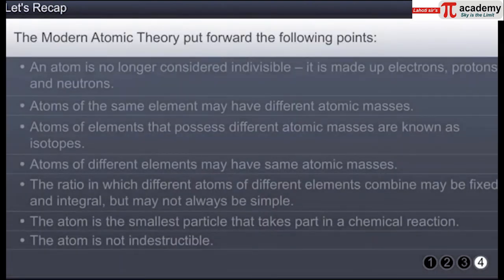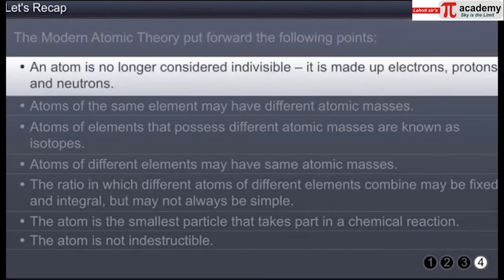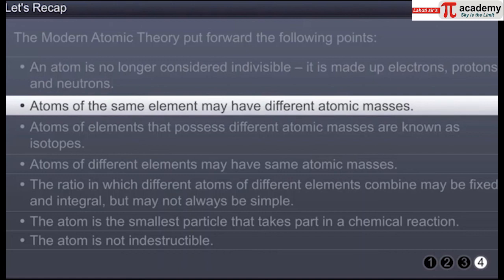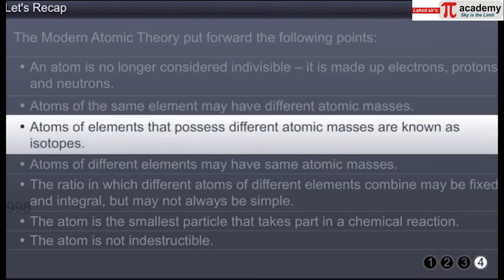The modern atomic theory put forward the following points. An atom is no longer considered indivisible. It is made up of electrons, protons, and neutrons. Atoms of the same element may have different atomic masses. Atoms of elements that possess different atomic masses are known as isotopes.